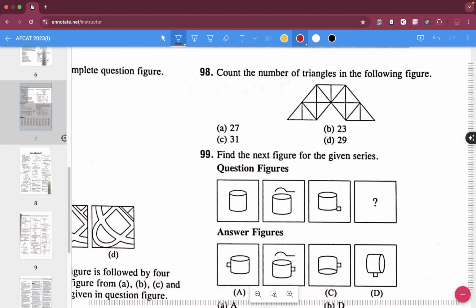So let me just do that. 1, 2, 3, 4, 5, 6, 7, 8, 9, 10, 11, 12, 13, 14. These are the smaller triangles, that is one thing that is clear. Now is this one triangle, 2 triangle, 3, 4, 5, 6, 7 triangle?